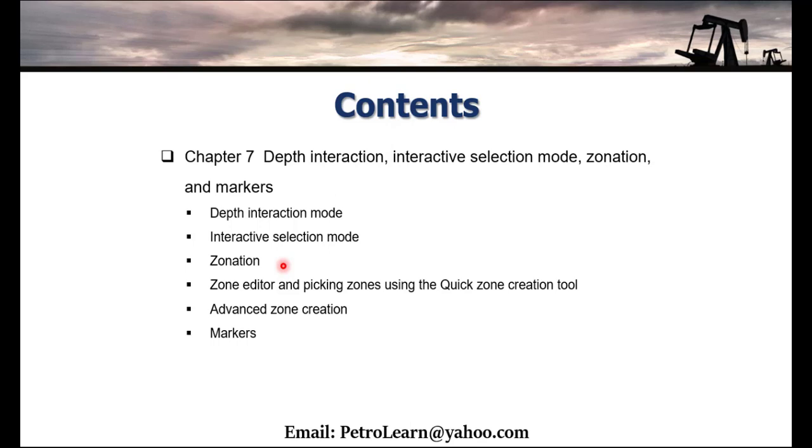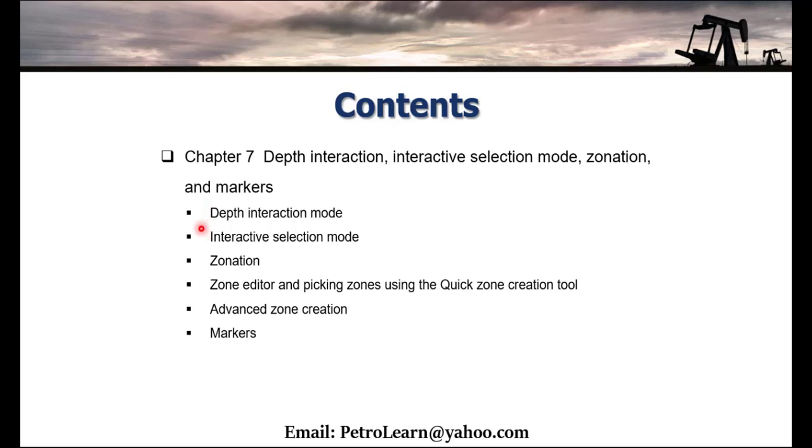In the seventh chapter, which is titled Depth Interaction, Interactive Selection Mode, Zonation, and Markers, we are going to learn about the tool that helps us interact between different plots.